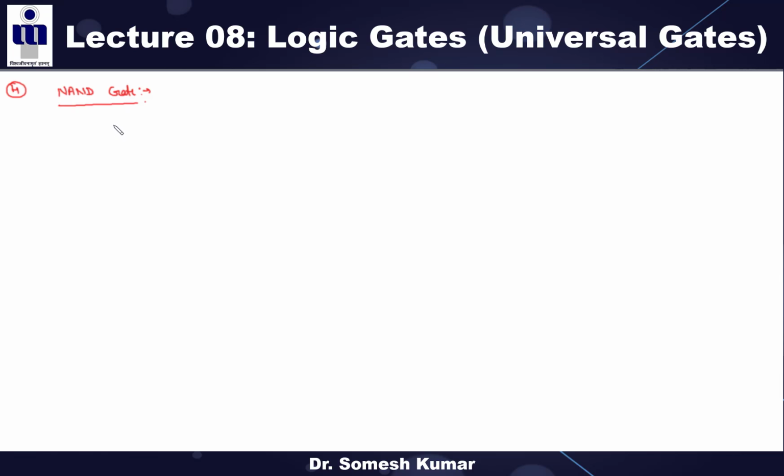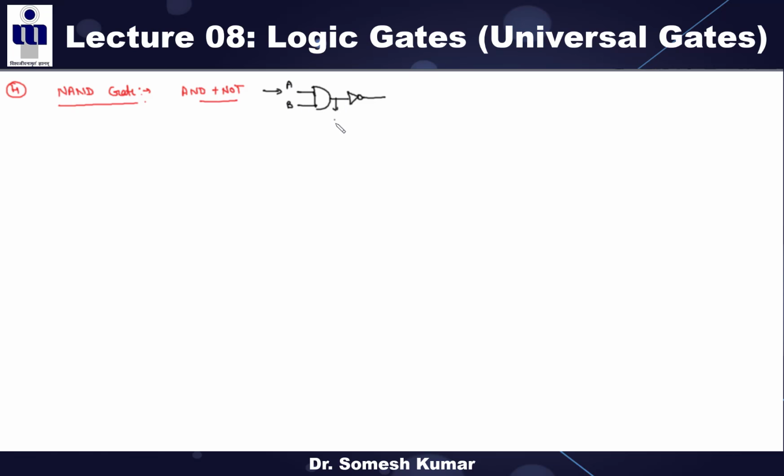What is the symbol? Basically, the NAND gate consists of your AND plus NOT, right? Clear? So, in other words, we can represent your NAND gate. This is basically your NAND gate, right?